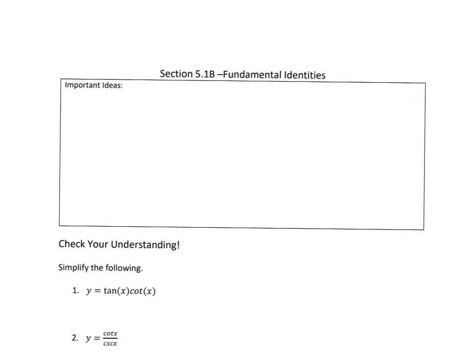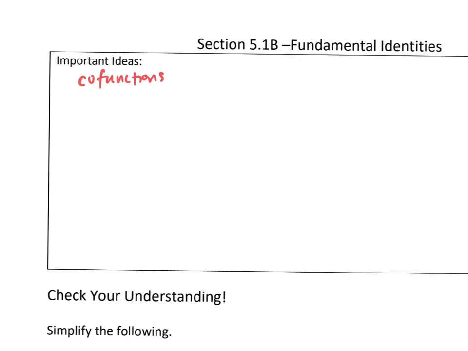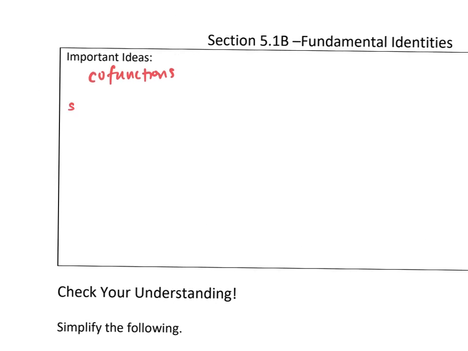And we're just going to summarize what we've learned during this activity. Okay, so first we learned about cofunctions. And we're just going to write them all out here. Sine of, you can do 90 minus alpha, you can also do pi over 2 minus alpha, or theta, sorry, equals cosine of theta.